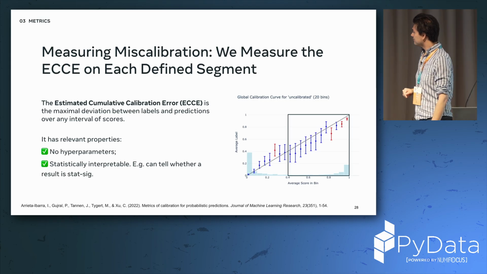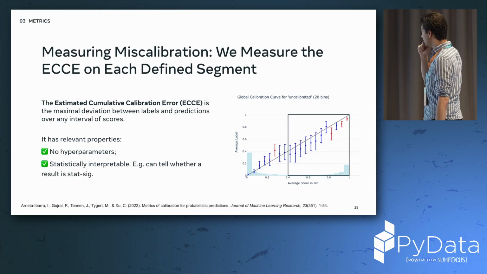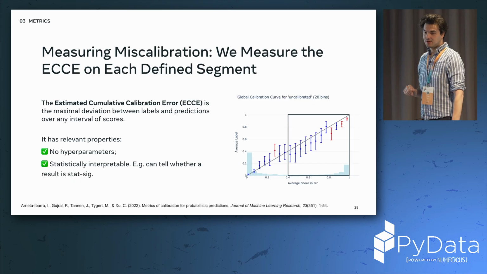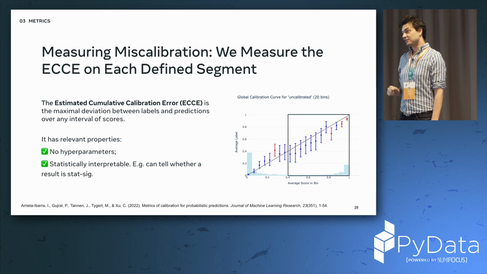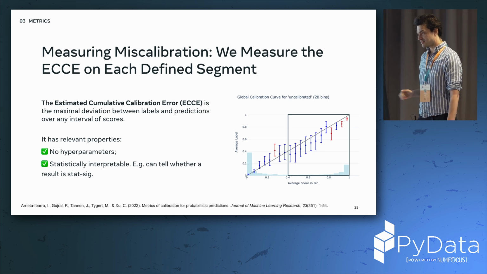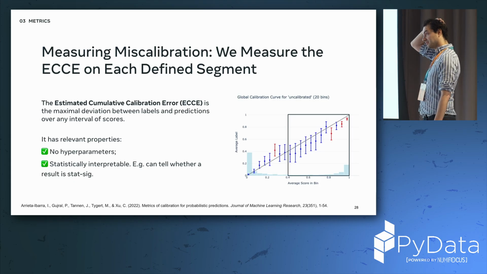Then for each of those, you need to measure miscalibration. A metric that's very often used for measuring calibration is called the expected calibration error.